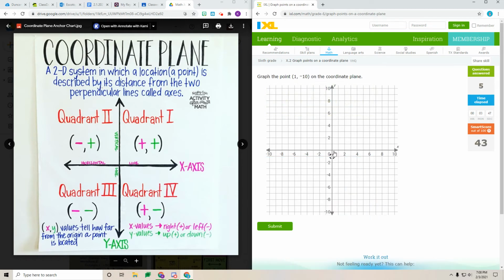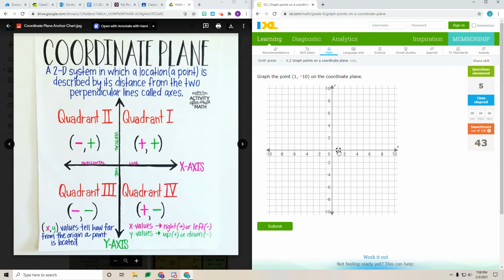Okay. This one is a positive 1 comma negative 10. So start at 0. The first direction I'm going to go is left or right. Now that's positive 1. So which direction would that be? Positive 1 would be to the right, just one space.